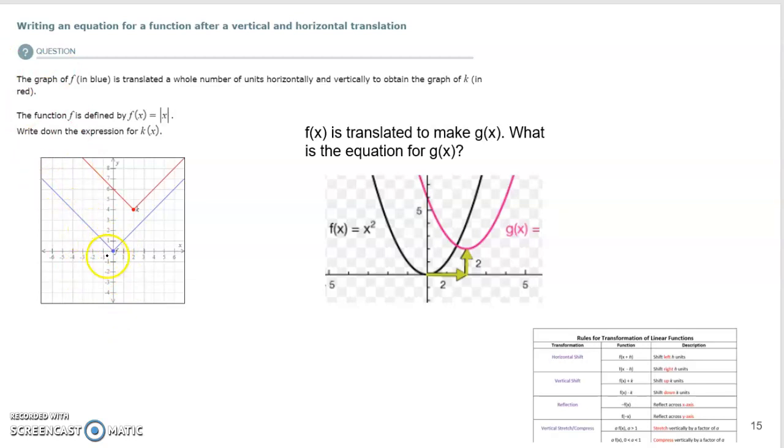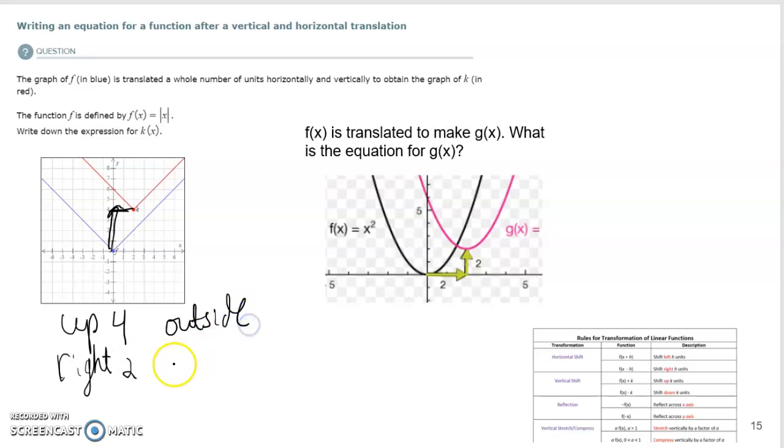So I started with my f, which is an absolute value, and I went to k. So I went up and over. I'm going to say I went up 4 and right 2. So I'm going to know that's outside the function, and this is inside.